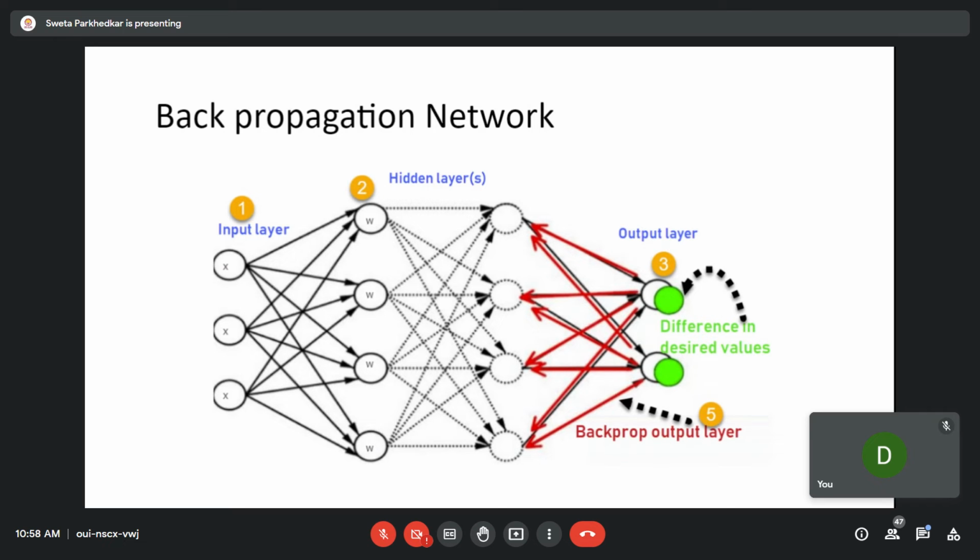ठीक है. If there is a difference in the output between the desired output and the predicted output. So ये predicted output कब मिलेगा?